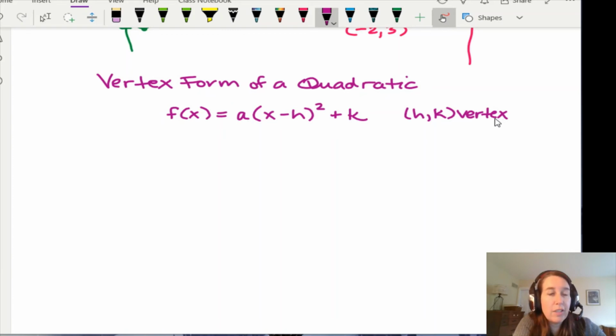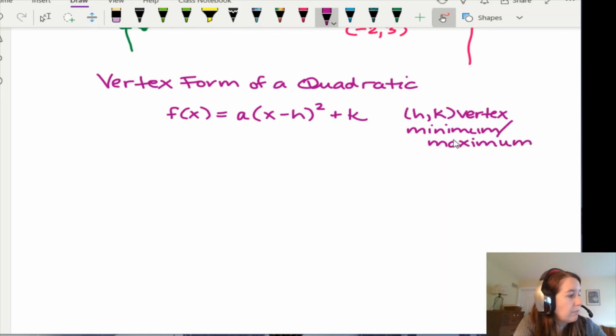The vertex being that minimum of the parabola or the maximum. And then the a value is the vertical stretch or shrink.